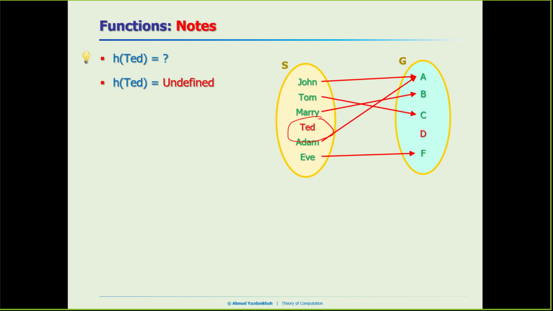All right. This question and this answer show that it is not the case that all of the elements of the domain should be defined. In some cases, it is not defined like this. And it is not the case that all of the elements of range should be assigned by something. In some cases like this, we don't have any assignment for this.